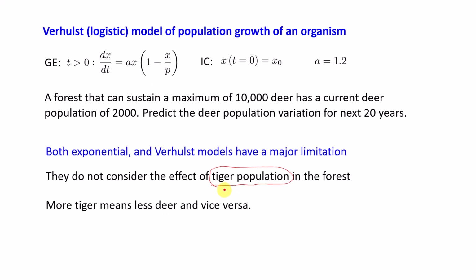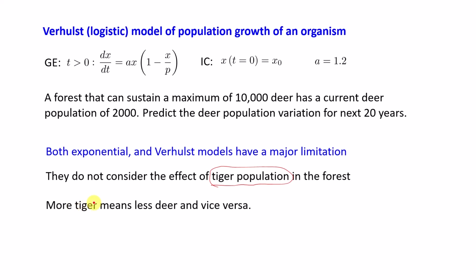If there are more deer, more tigers will survive and they will kill more deer. On the other hand, if they kill more, then the tigers will not survive because they will not have enough food. We are assuming a very simple model here, that tigers eat deer, and if there is not enough deer, tigers will die. So more tigers means less deer, and less deer means again fewer tigers. Fewer tigers means more deer. So again, more deer means more tigers.